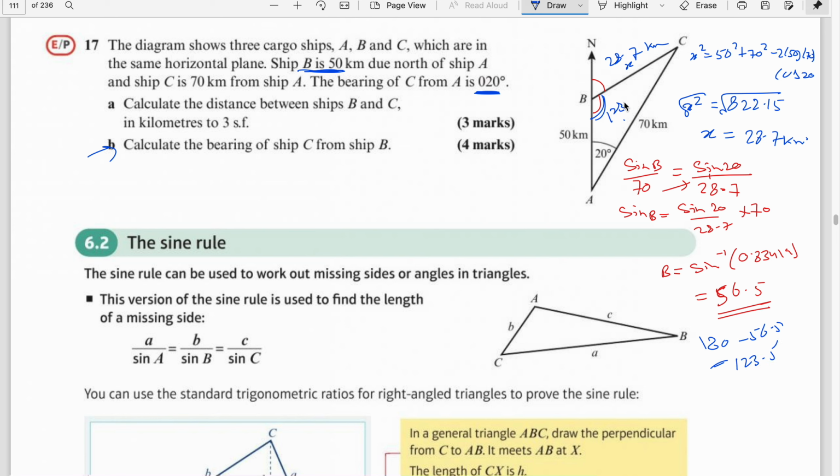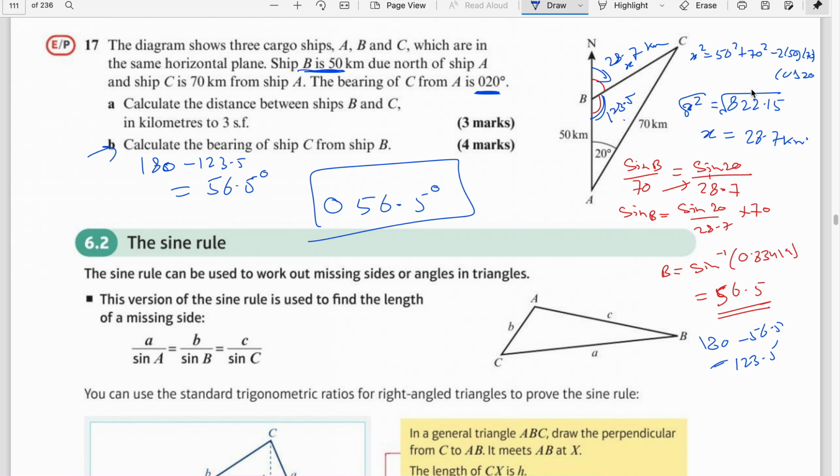This above angle is... so the bearing is always three digits before the decimal. This is our bearing of C from ship B. Any confusion?